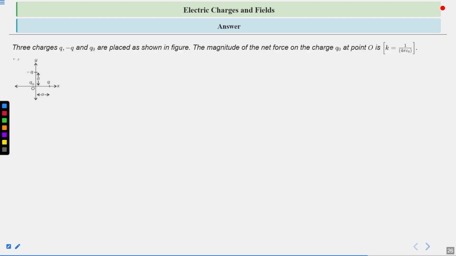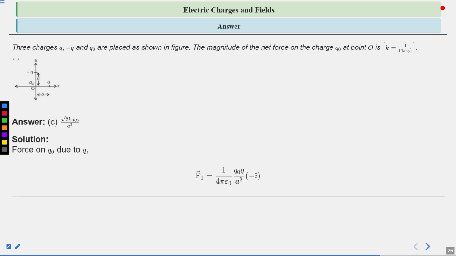So the correct answer is C. Solution: force on q naught. There are two charges, minus q and plus q. Due to the plus q charge, the force on q naught is F1 equal to 1 upon 4 pi epsilon naught q naught q divided by a square, where a is the distance from O to charge q.